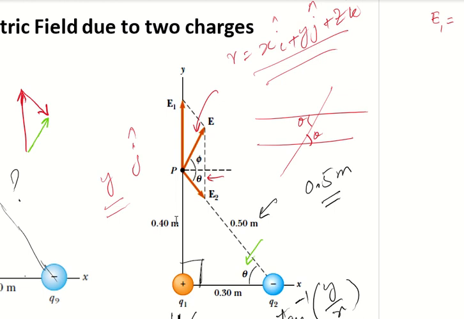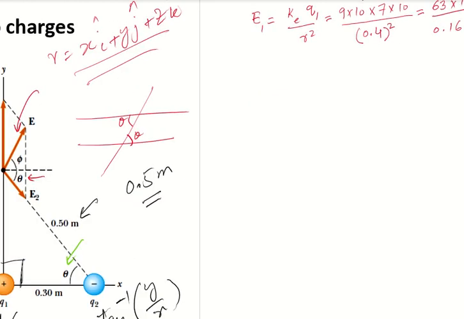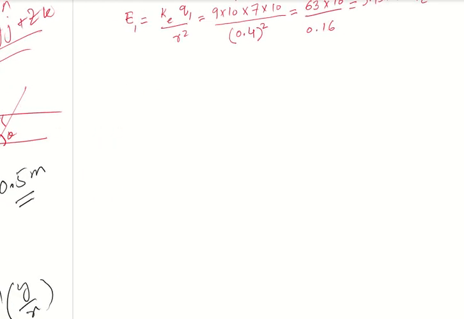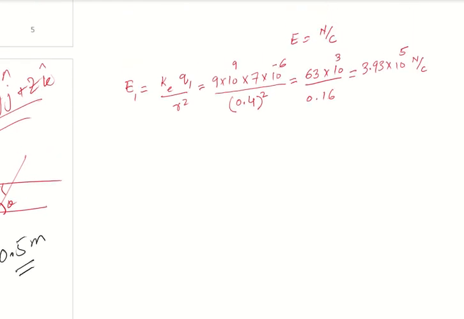So the field due to charge Q1 has only one component, the j component, and that component we take from the value of the field that we have calculated. So we write E1 equals 0 times unit vector i, because it does not have any x component, plus 3.93 into 10 raised to the power 5 Newton per Coulomb with the j unit vector.